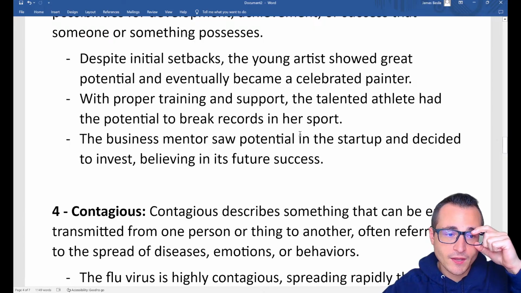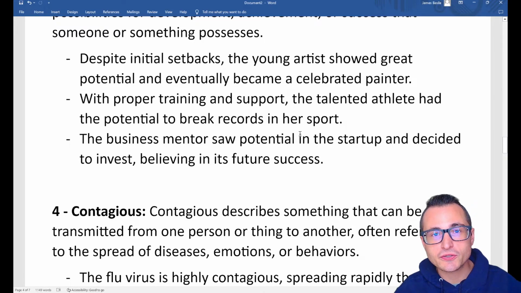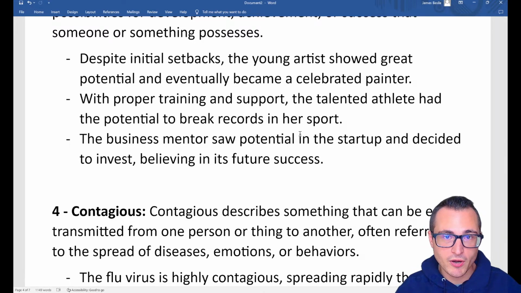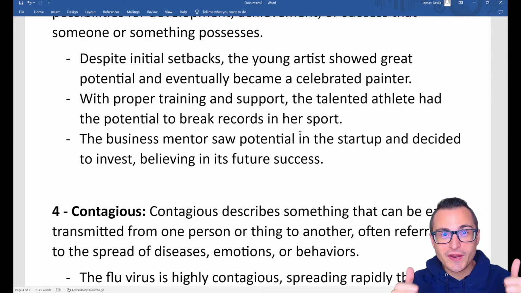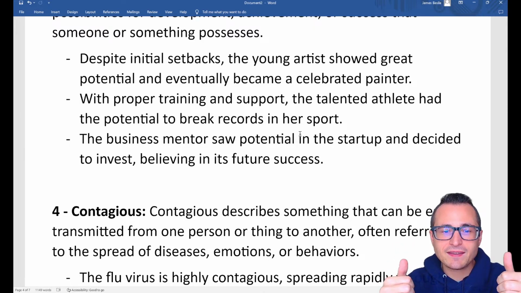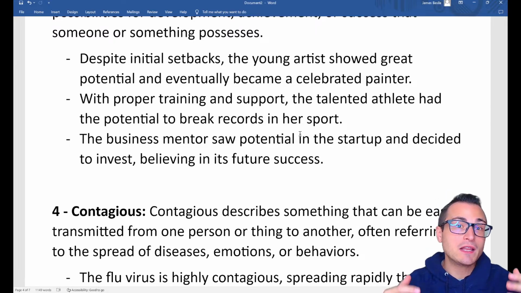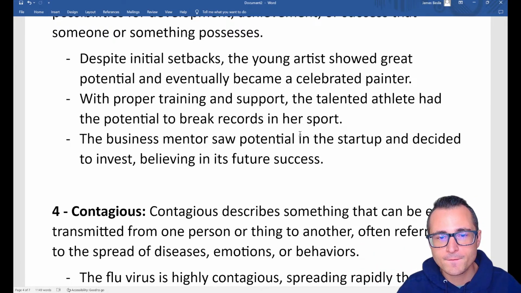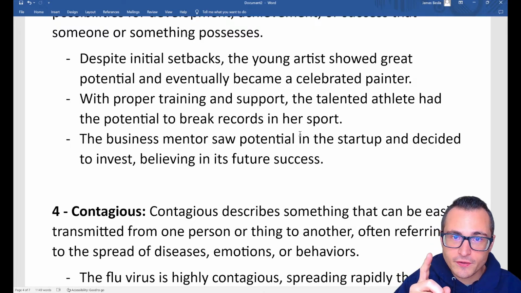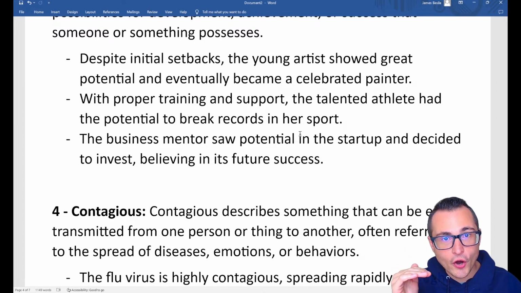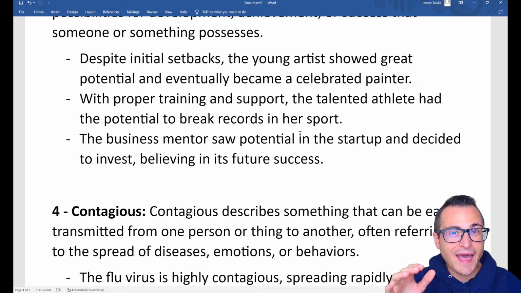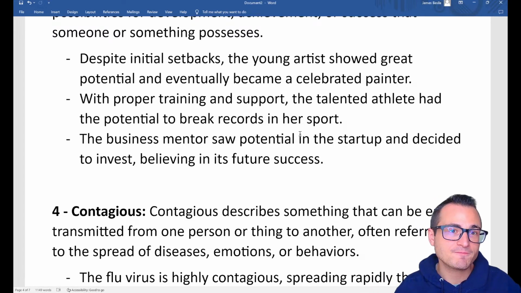Potential. What are some example sentences with potential? Number one, despite initial setbacks or problems, the young artist showed great potential and eventually became a celebrated painter. So, what does this mean? At first, the young artist, right, the person who makes paintings, maybe, they had some problems in the beginning.